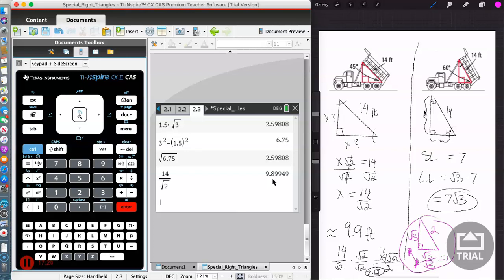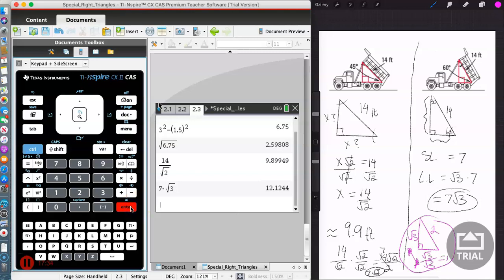Again, in our calculator, 7 times the square root of 3, which we can do. If we want the exact decimal, which makes more sense to me, it is approximately equal to 12.1 to the nearest tenth. Let's make that a little cleaner to see.